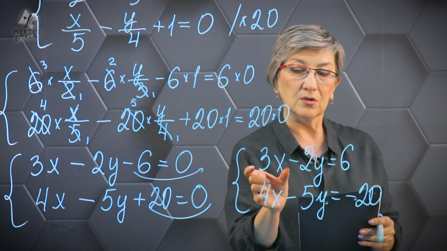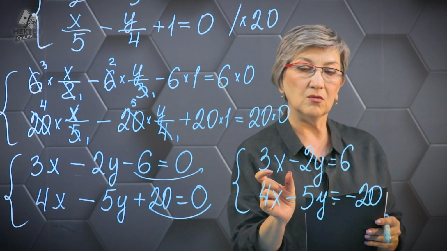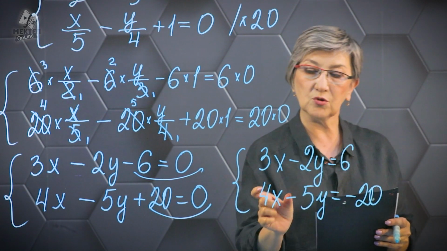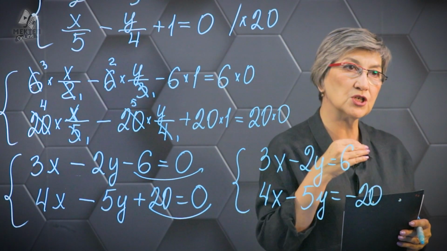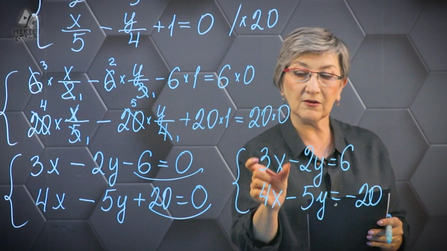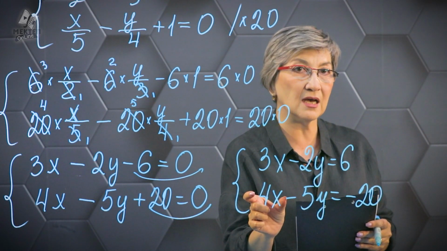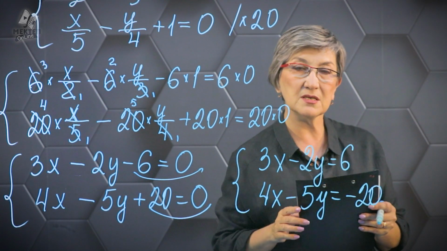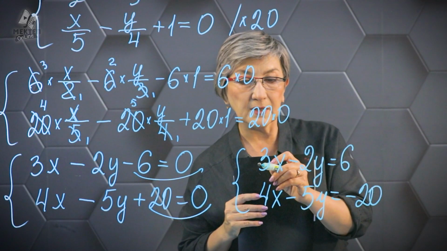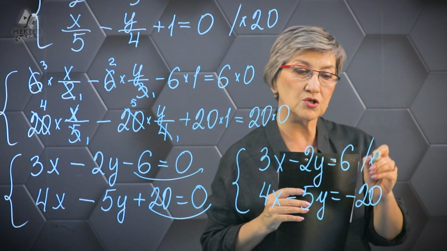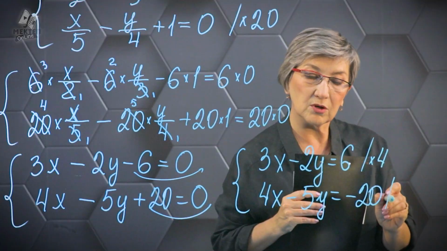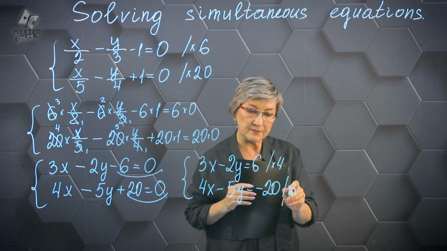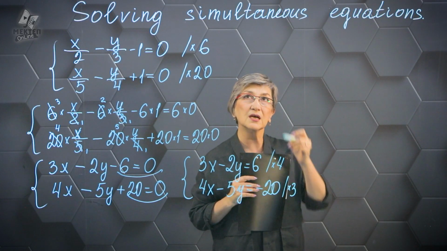I want to take the first equation and multiply it by a certain number and the second equation by another number, in order for the x variables to be equal, or the y variables. What will we do? I want to multiply the first equation by 4 and the second equation by 3. Once more, we will add them together.